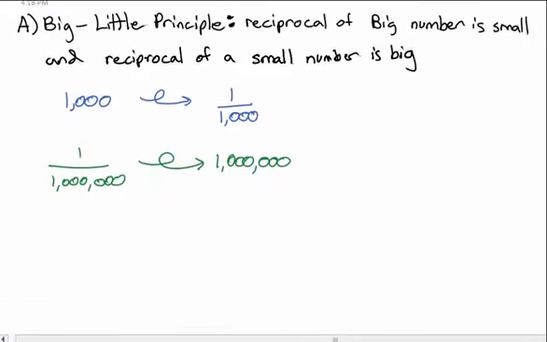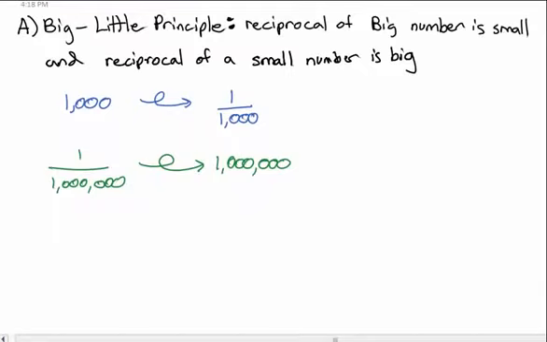And this can even stretch out to another special case that I want to take a look at, and that is the reciprocal of 0. 0 is the smallest number we can get, and so its reciprocal should be as large as we can get. And 1 over 0 is technically undefined.